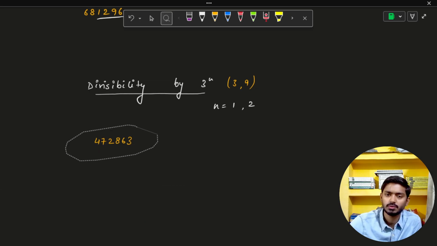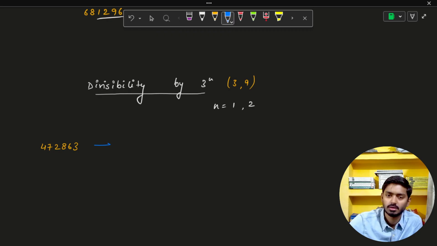What we do is we add all the terms. That is 4 plus 7 plus 2 plus 8 plus 6 plus 3, which is 9, 18 and 12, that is 30.